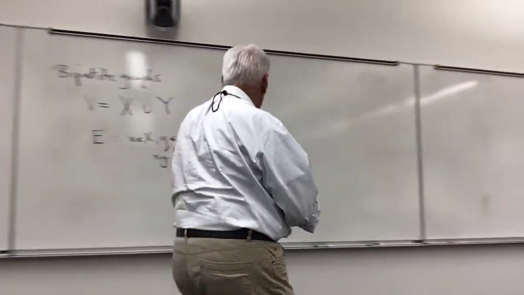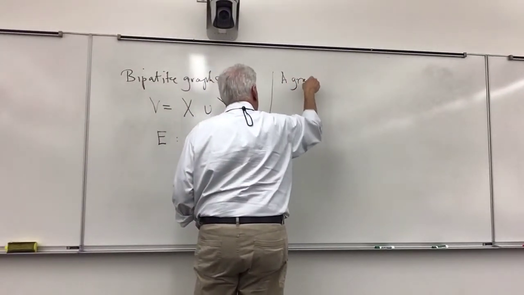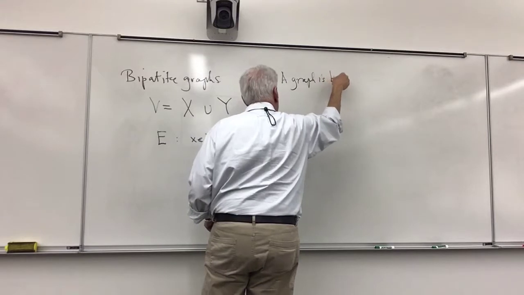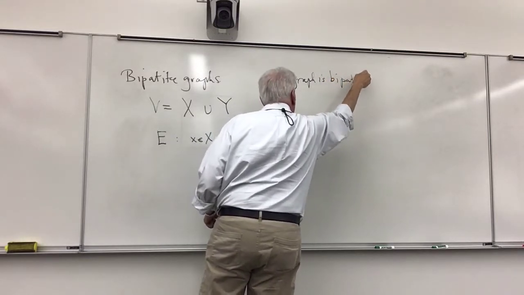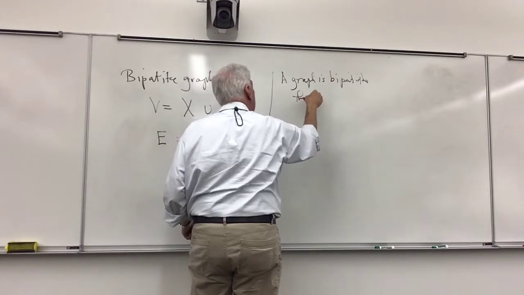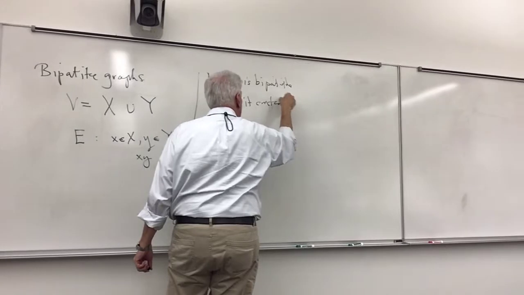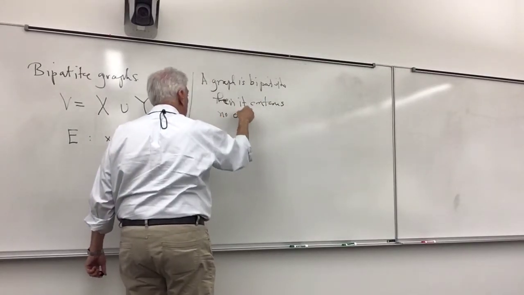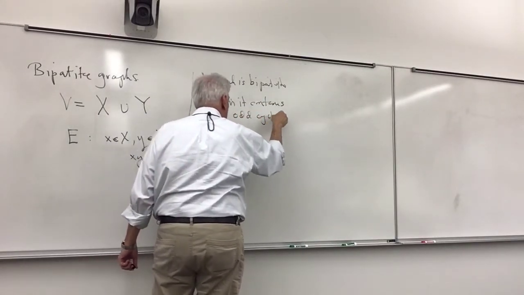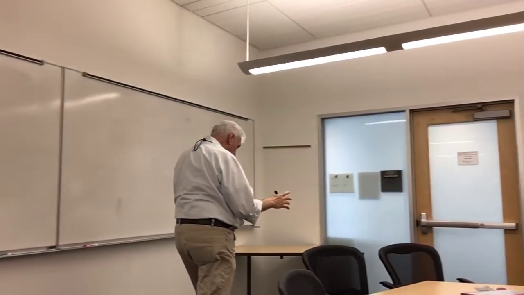And what we know is that if a graph is bipartite, then it contains no odd cycles. So I'll write it like that for a moment.